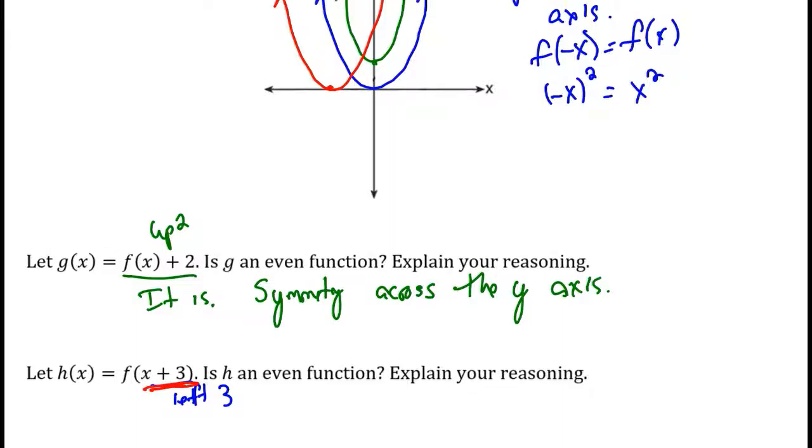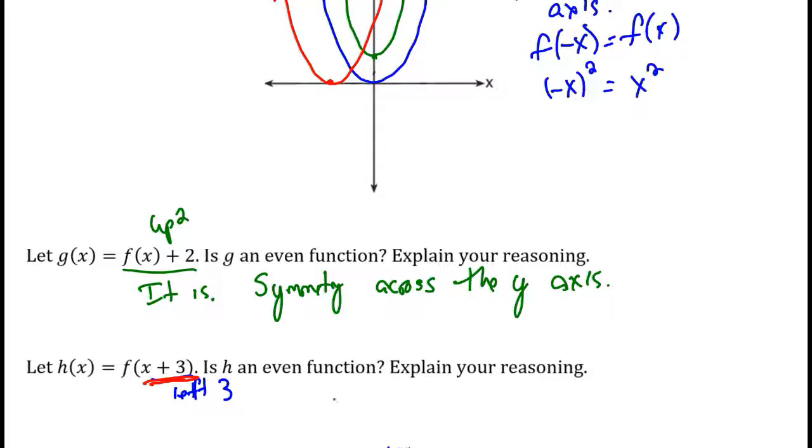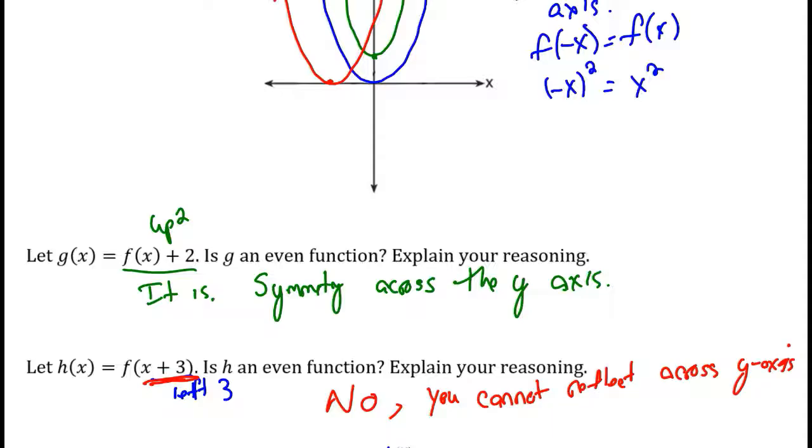Is it an even function? Is this red function symmetrical across the y-axis? And the answer is no, because it doesn't have symmetry across the y-axis. You cannot reflect it across the y-axis and get the same image.